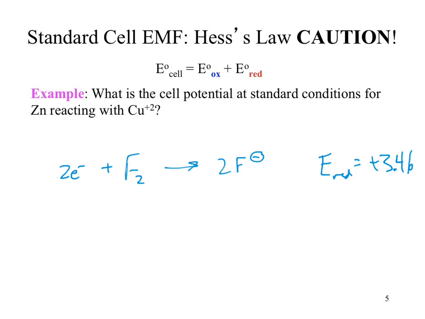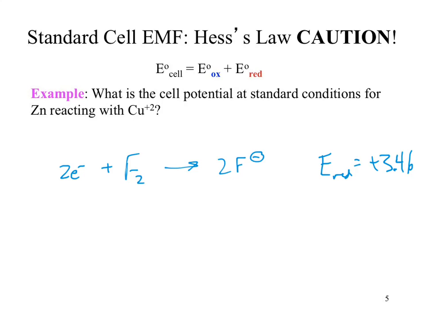Would I expect it to reduce on its own? No, why not? The electrons. For this reduction to occur, I don't need just fluorine. What else do I need? I need the 2 electrons.